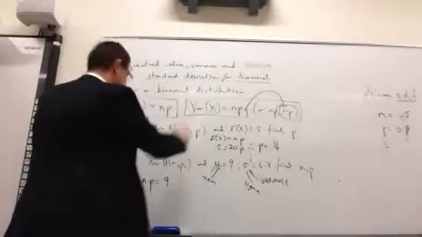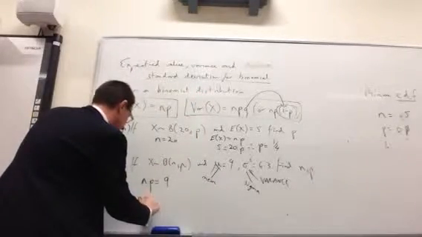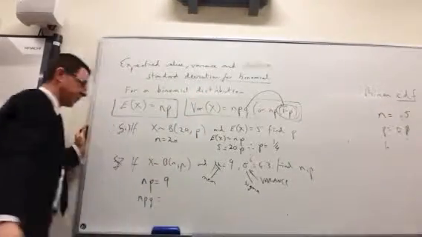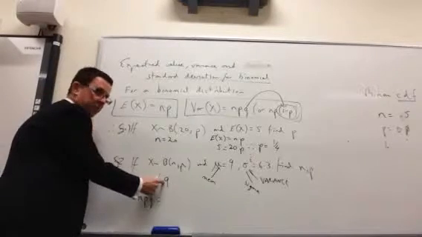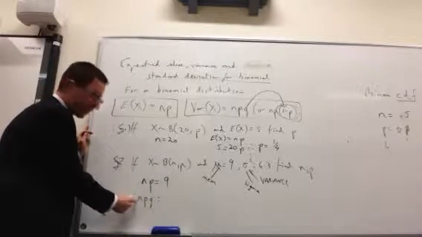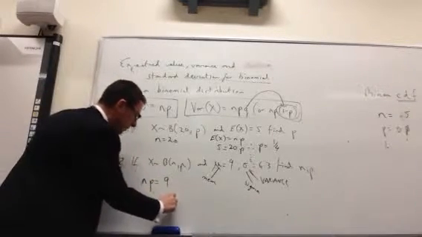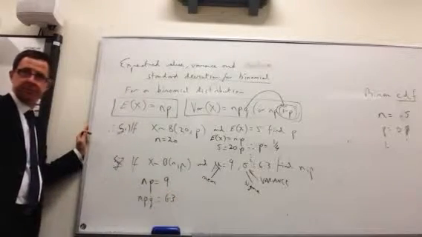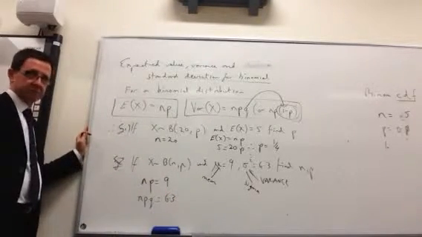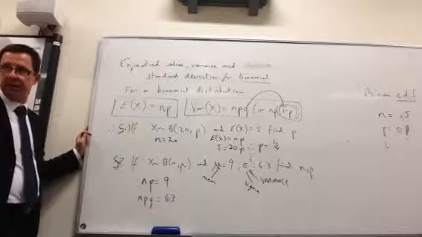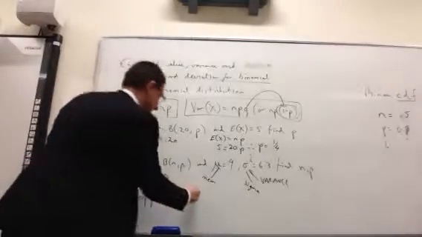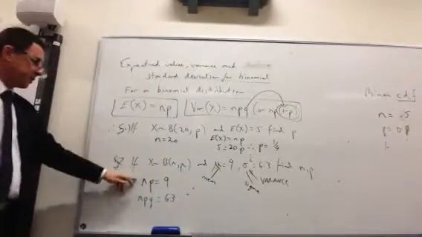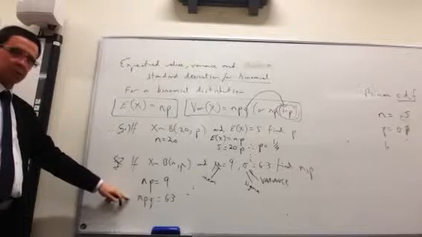What's the formula for variance? npq. So the mean np was 9. The variance npq was 6.3. We want to work out the values of p and n. Simultaneous equations. You've got two equations.